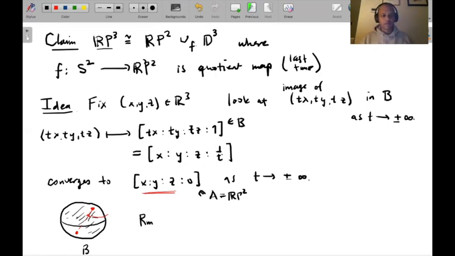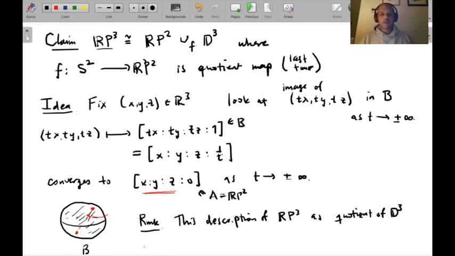So remark: this description of RP3 as a quotient of D3 is analogous to the description of RP2 as a quotient of the two-dimensional disk.